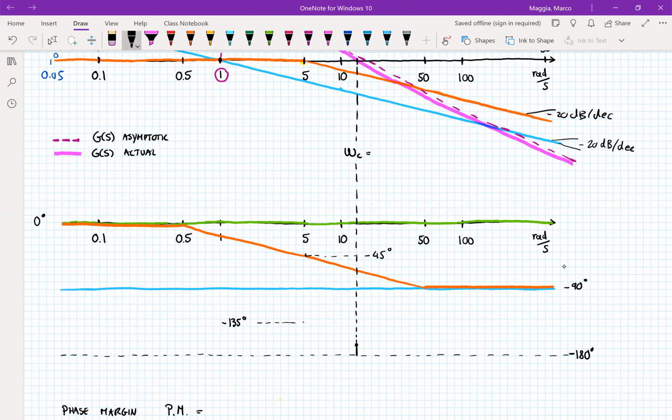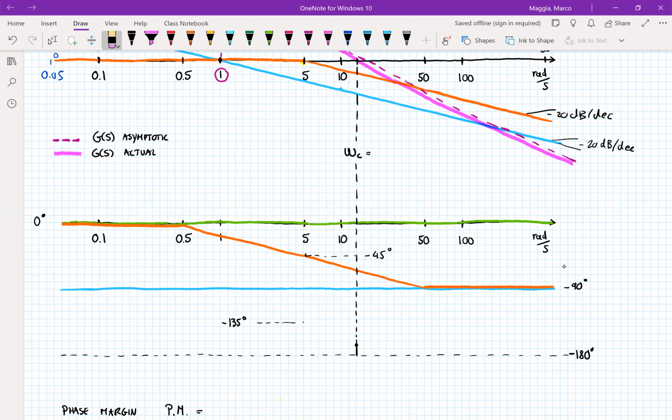So 0 when it comes to the constant gain, constant -90 when it comes to the pole at the origin, and then we have 0 up to 1 decade before the cutoff frequency of the real pole, that is 0.5, and then it is -45 at the cutoff frequency, so at 5 radians per second, and then it reaches -90 and it stays there at 1 decade after the cutoff frequency, that is 50 radians per second.